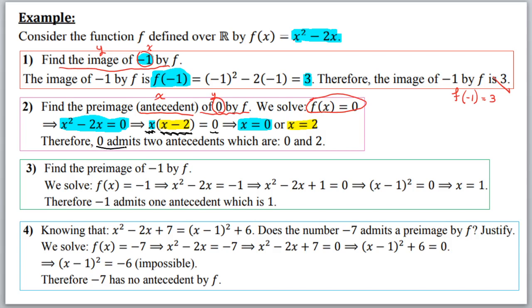Therefore 0 admits two antecedents which are 0 and 2. Okay? 0 and 2. Now, find the preimage of minus 1 by f. Let's check.